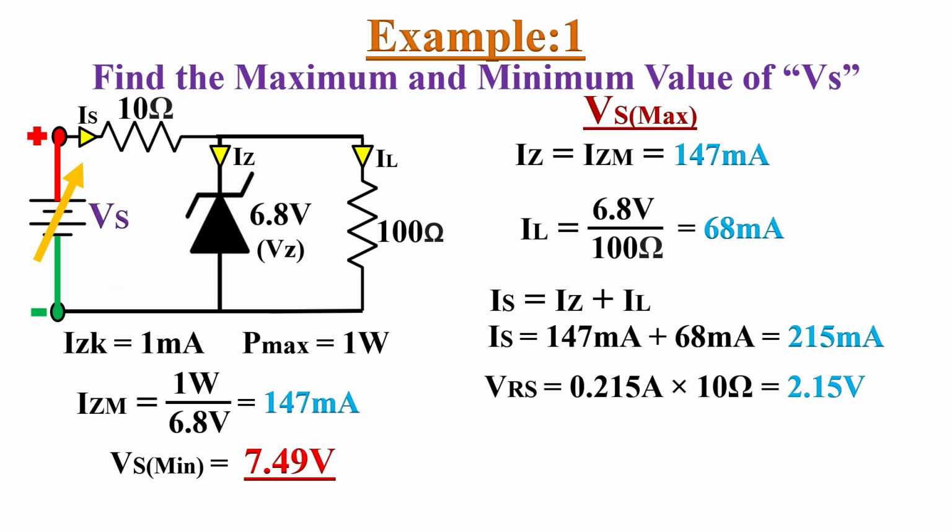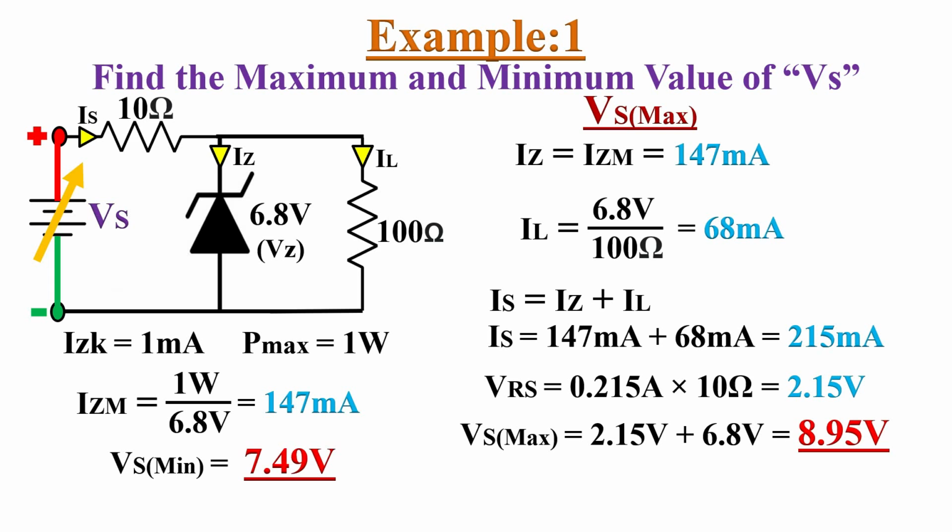The source voltage Vs equals the voltage drop across the 10 ohm series resistor, that is 2.15 volts, plus the Zener voltage of 6.8 volts, that gives 8.95 volts. Hence the maximum allowable voltage limit from the source should be 8.95 volts. Anything more than that may damage the Zener diode.